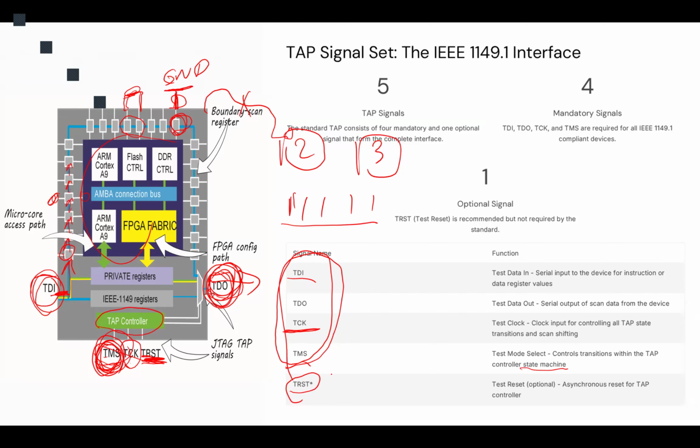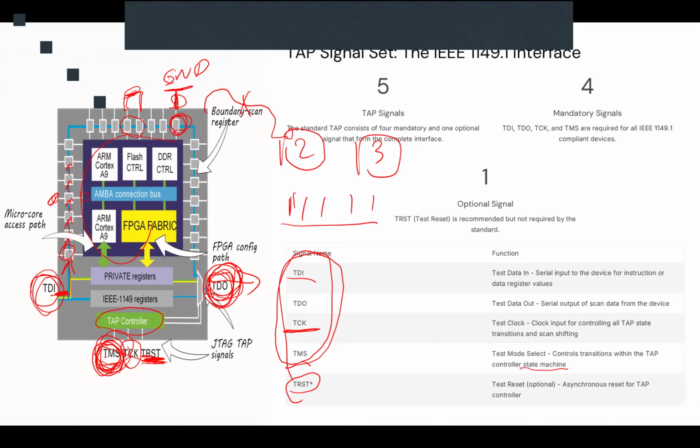What that means, let me explain, because it's maybe not clear enough. When we are in observation mode, each of these cells captures the state of the core logic output. Now imagine there is a clock that defines these outputs inside the chip, and there is a clock that orders the TDO to observe the state of that scan cell.